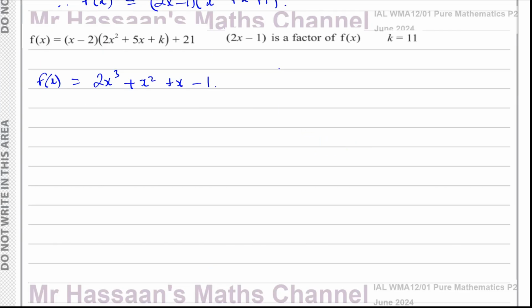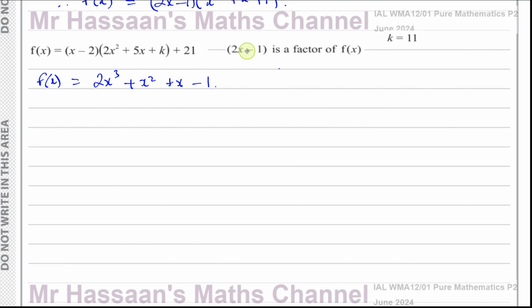Okay, so now we have also an alternative way of factorizing this expression that we have. So I'm going to take it from the point where we had found that k is equal to 11. We'd already used that fact, and then we expanded this to give us this expression here, 2x cubed plus x squared plus x minus 1.